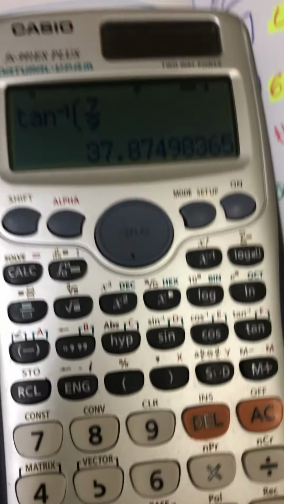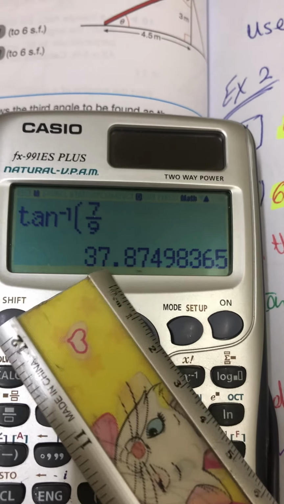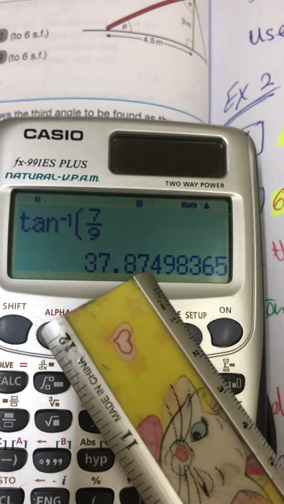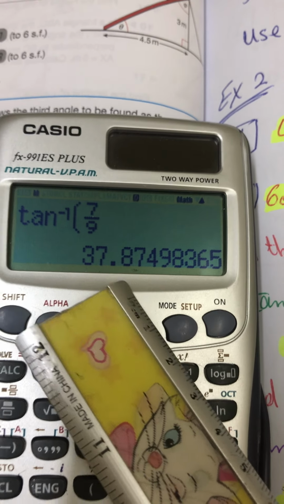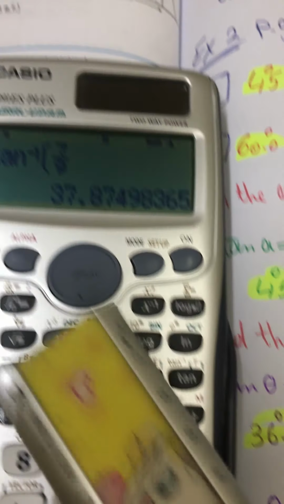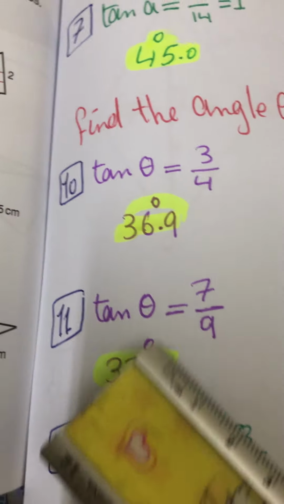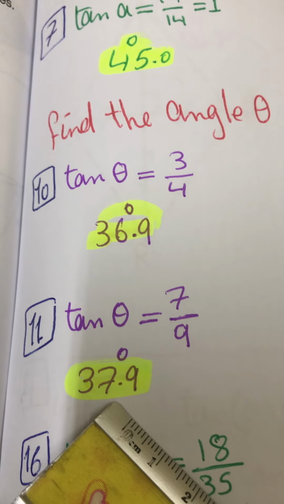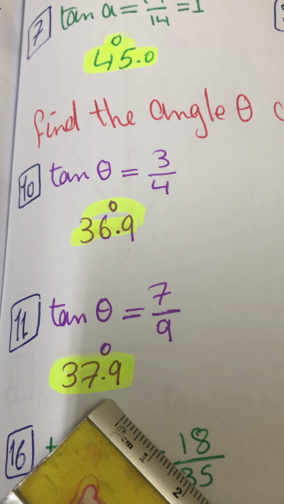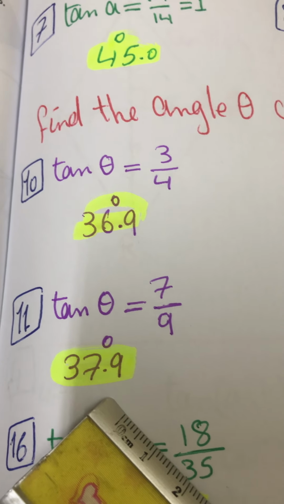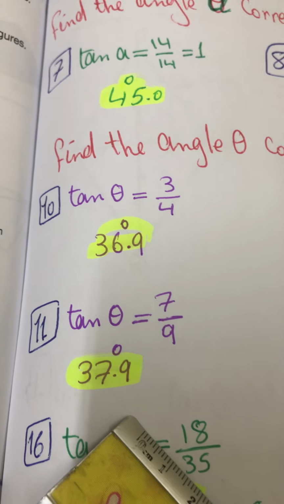For 3 significant figures, look to the right: 7 will give 8, so it will be 37.9. Number 11, 37.9. Clear?